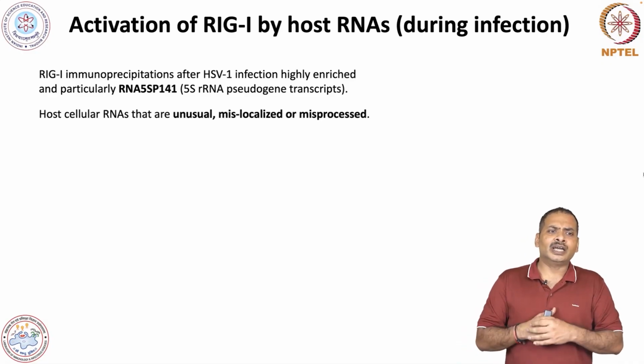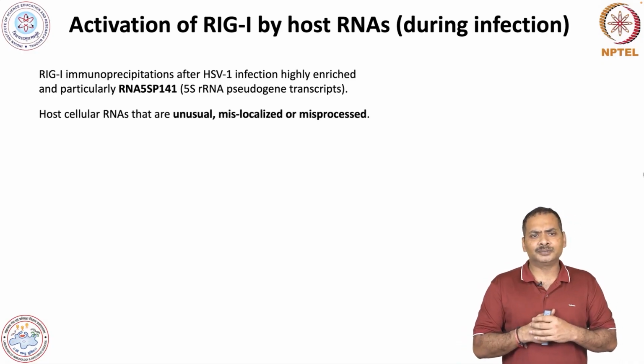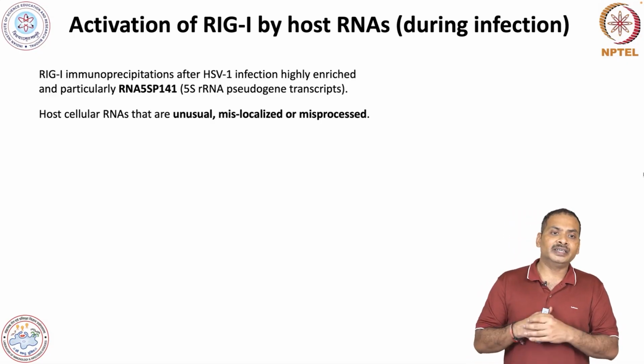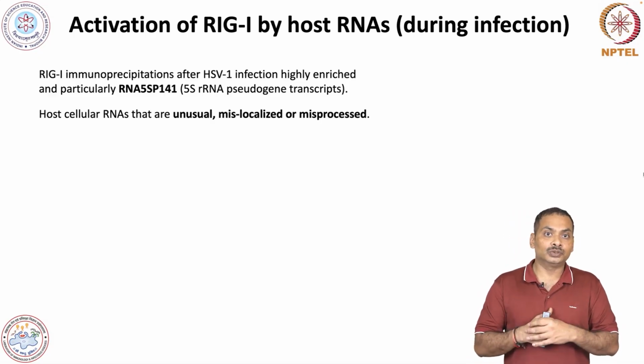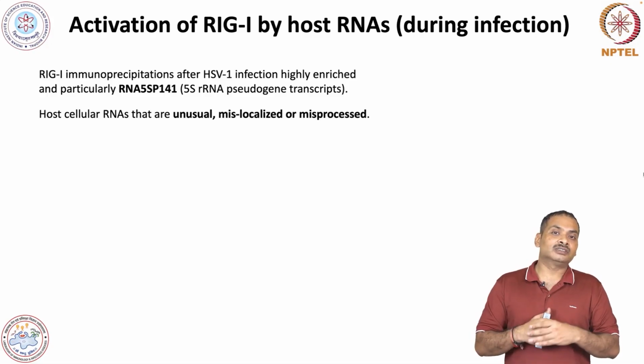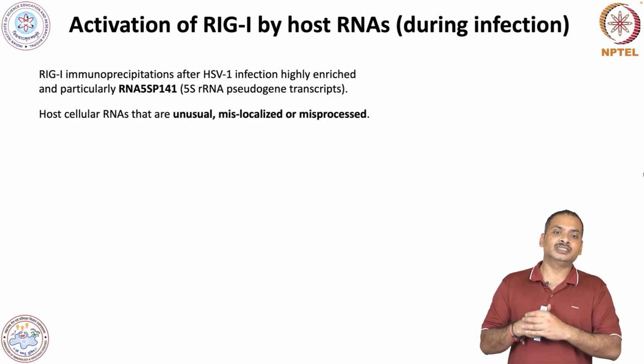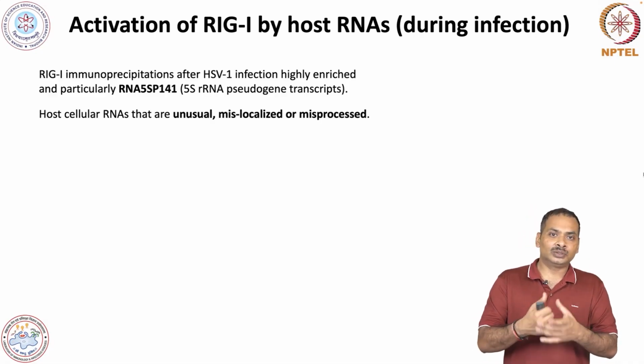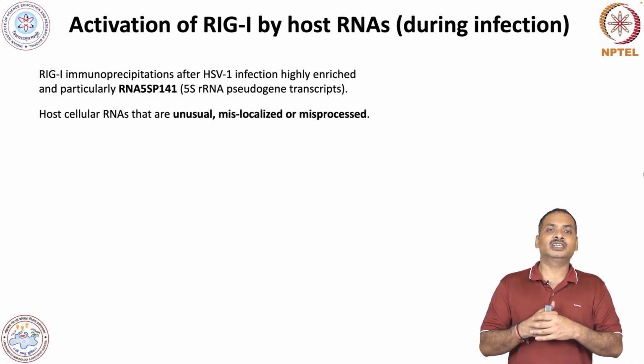So when this is happening, there will be a mislocalization of this RNA, which is unusual. In a normal scenario, this is not happening, the mislocalization or misprocessing. So this infection basically results in this mislocalization and misprocessing.